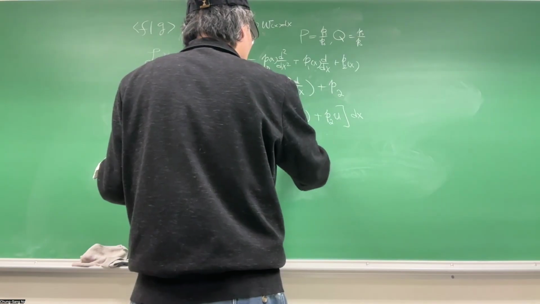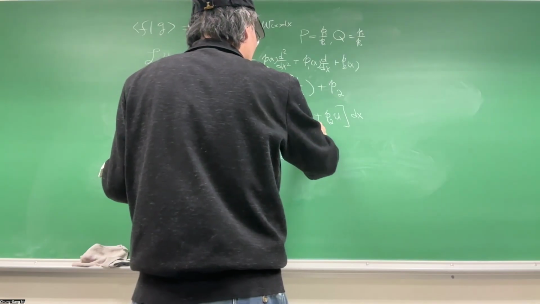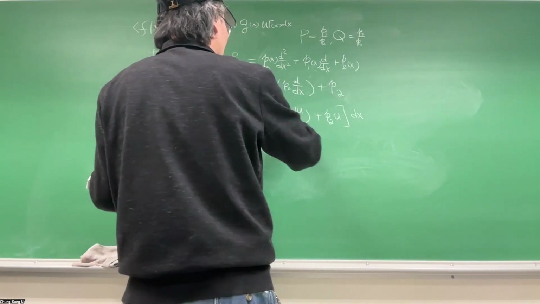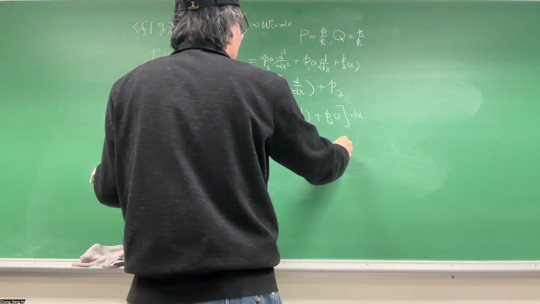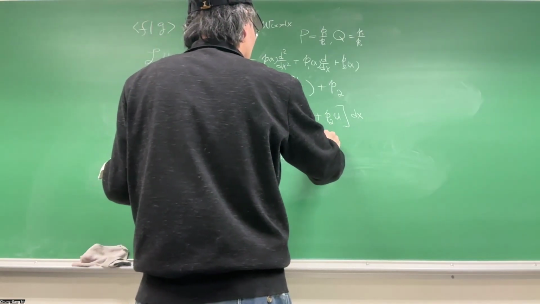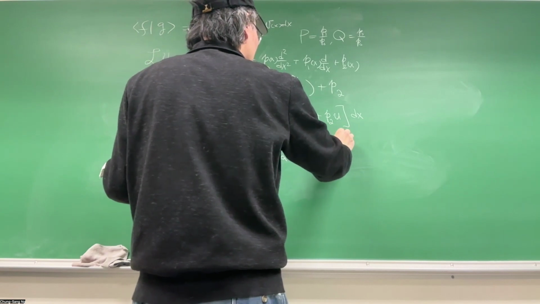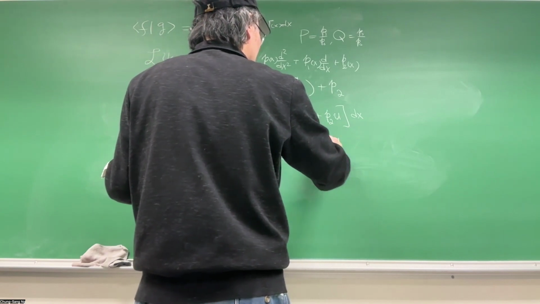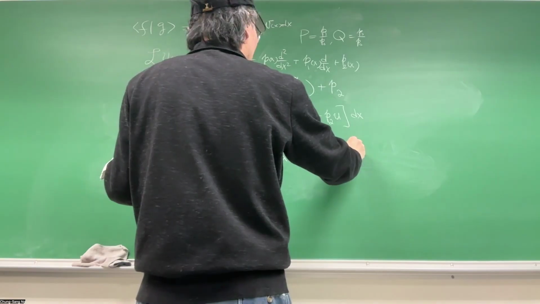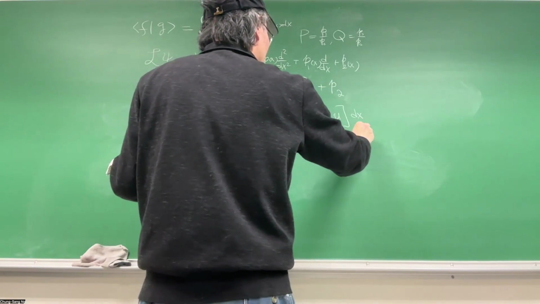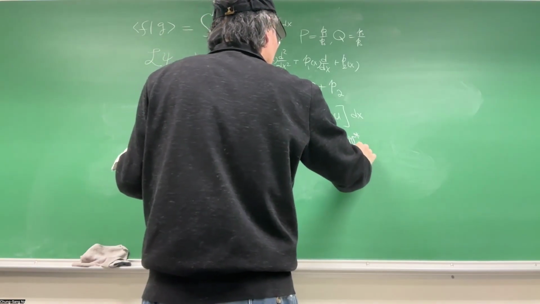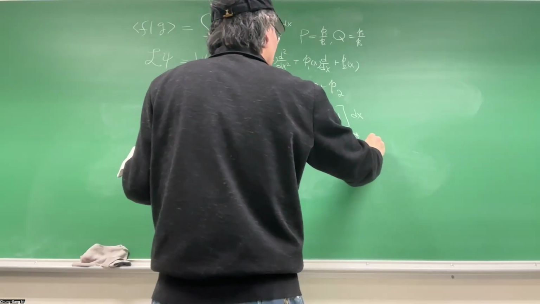For the second one, you need to keep the a and b. For the first term, you get minus p sub 0 u, and then v star prime.